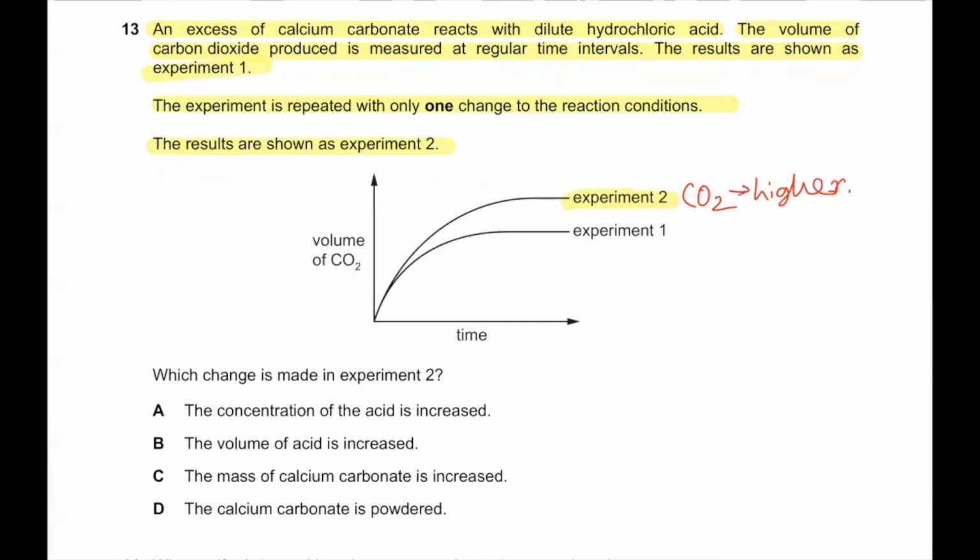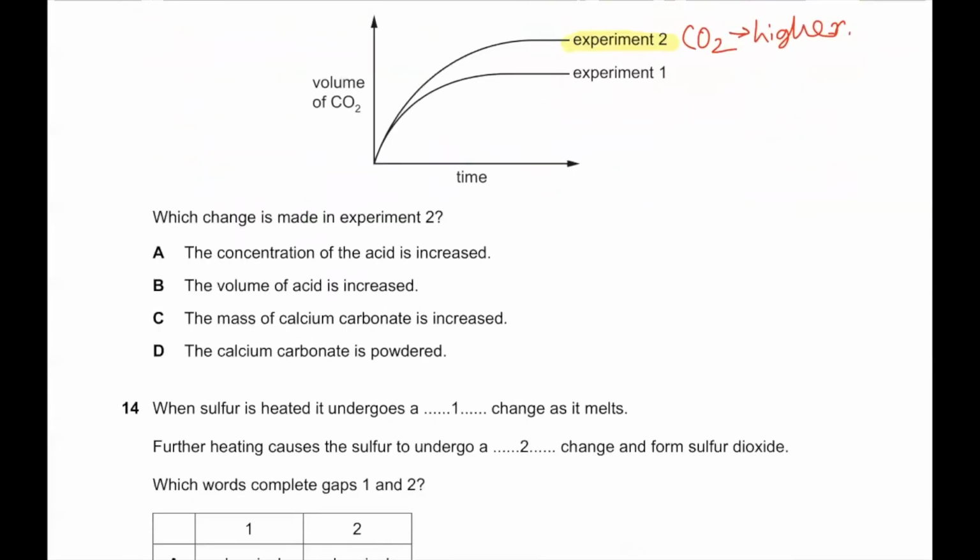We already had excess amount of calcium carbonate. Our dilute hydrochloric acid was the limited one. So maybe either we have increased the concentration of hydrochloric acid, or we have increased the quantity of hydrochloric acid. So what change is made in experiment 2? In experiment 2, the concentration of acid is increased. Could be the volume of acid is increased.